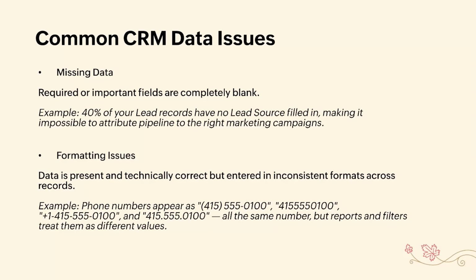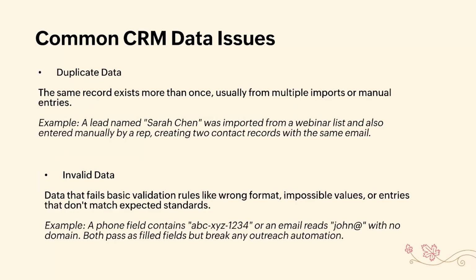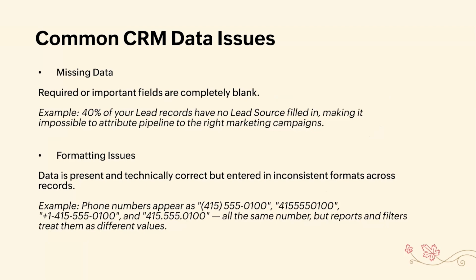Fourth is the formatting issue. Even though we spoke about it in invalid data, formatting issue per se is the biggest issue. A lot of people write to us and ask how we can fix these formatting issues, especially with phone numbers.